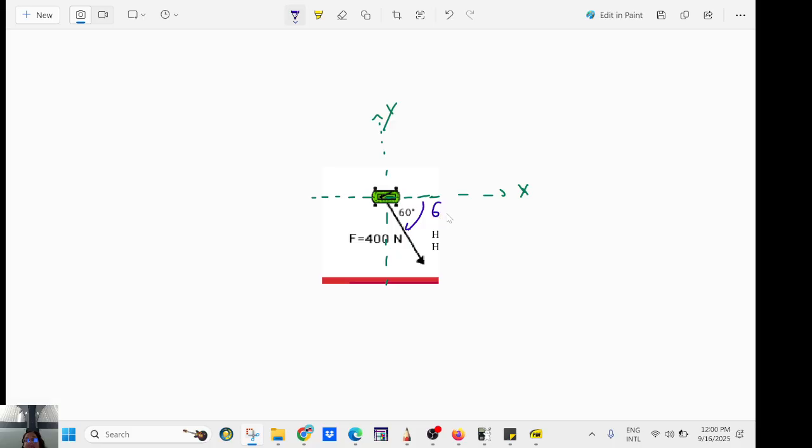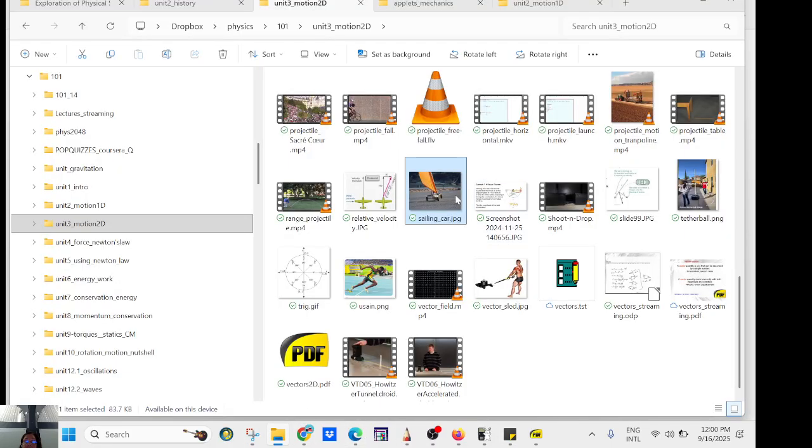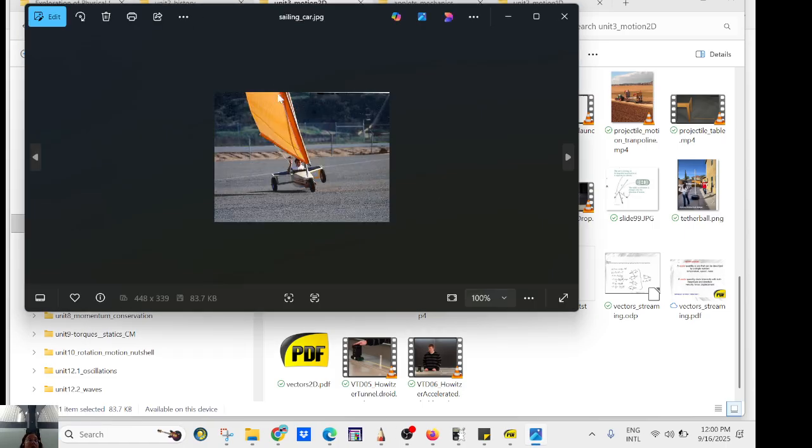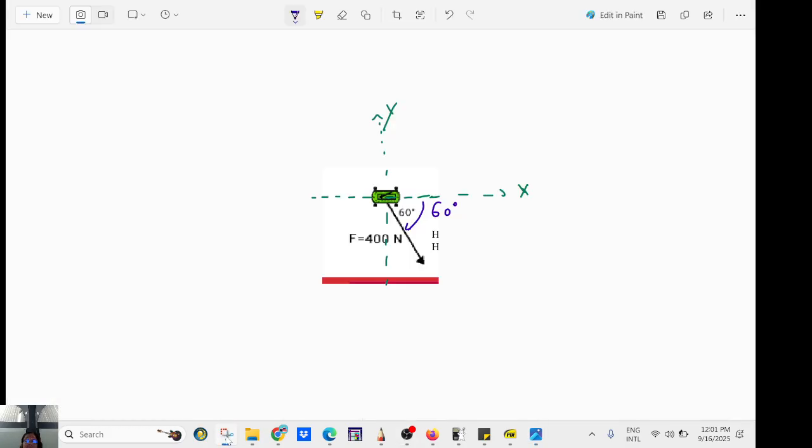So this is 60 degrees. That will be the force applied on the sail. So again, you have this picture here. This is what's happening, right? The wind is pushing on the sail. So you see that two things are happening at the same time. It's moving forward, okay? So that's good. You have an x component of the force, but at the same time, it's pushing sideways.